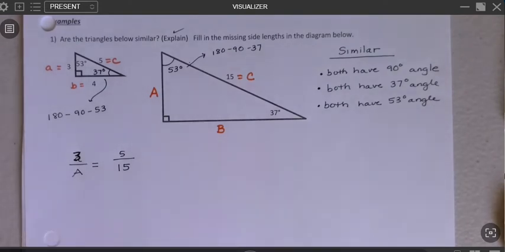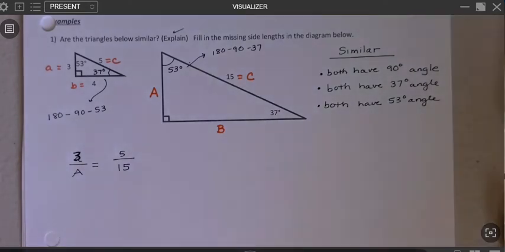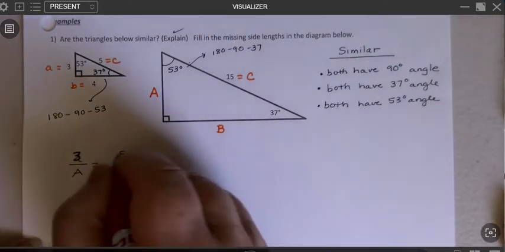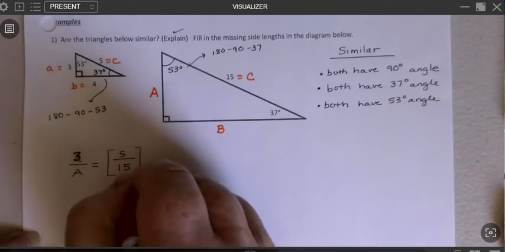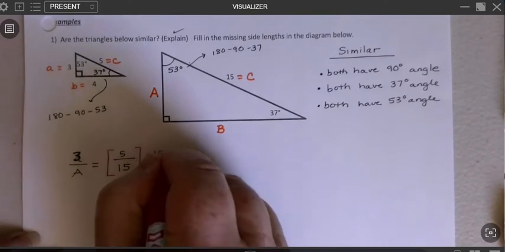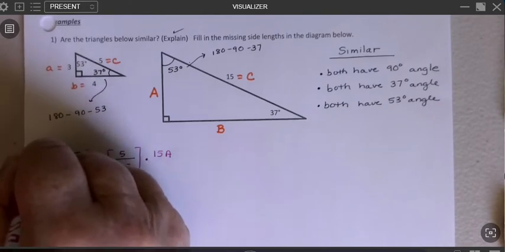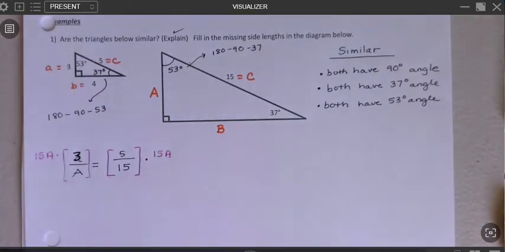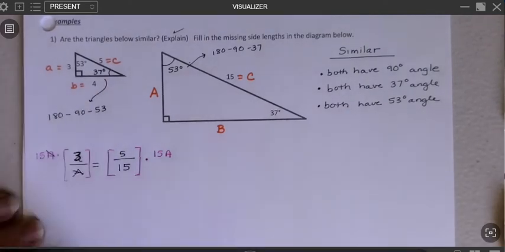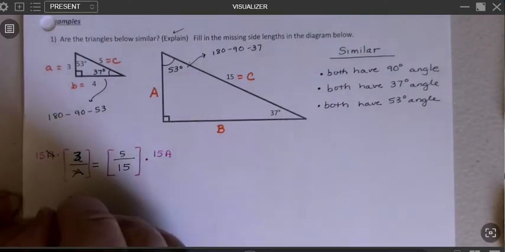Now, using the techniques from the chapter that we were just working with, we can get rid of the denominators if we just multiply by the common denominator, 15a, clearing fractions here. And over here, the a's will divide out. 15 times 3 is 45.